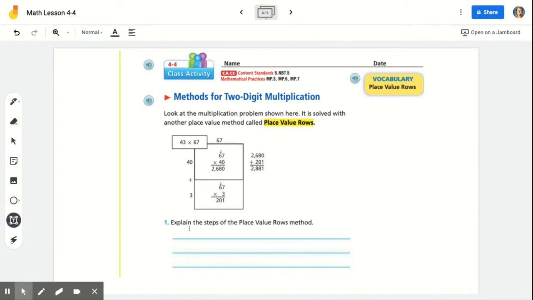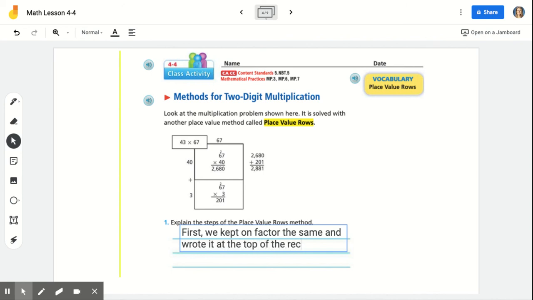Number 1 says, explain the steps of the place value rows method. Well, I'll start you off. First, we kept one factor the same and wrote it at the top of the rectangle.